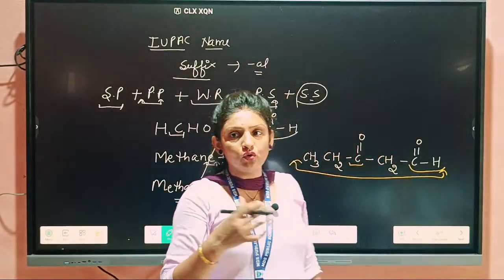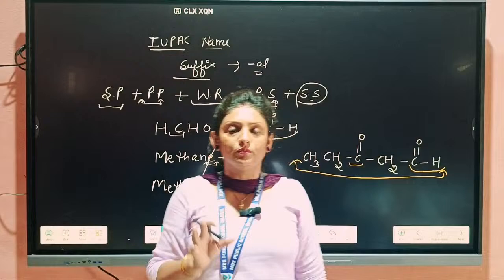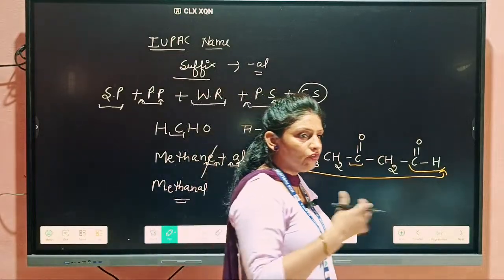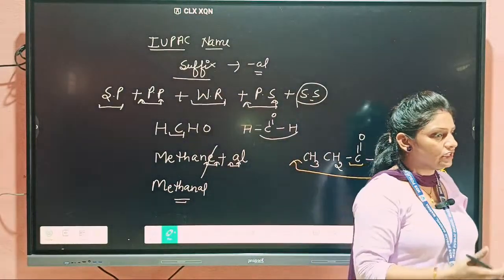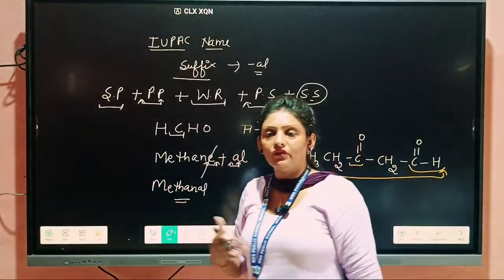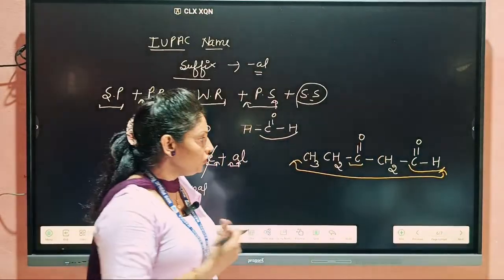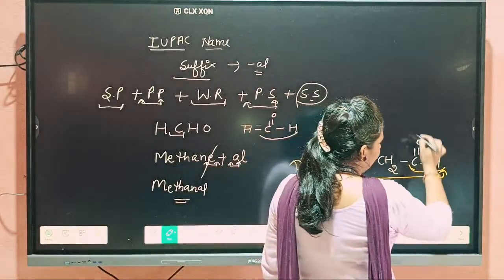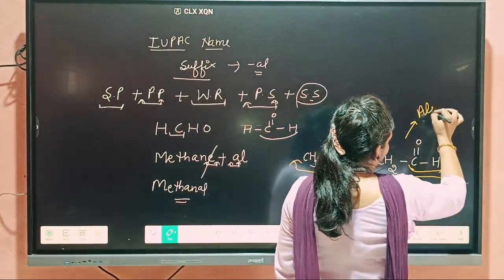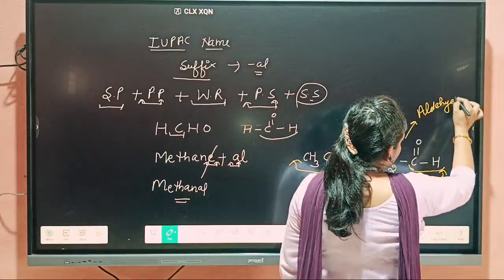Student, if there are two groups present in the same compound, then you will see the preference. You will see the preferential order for the functional groups. Here you will give preference to the aldehyde. Here the preferential group is the aldehydic group.